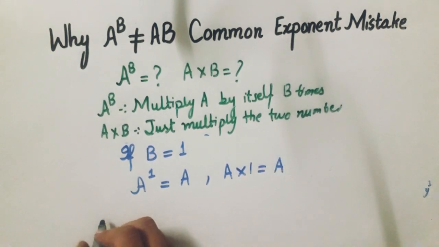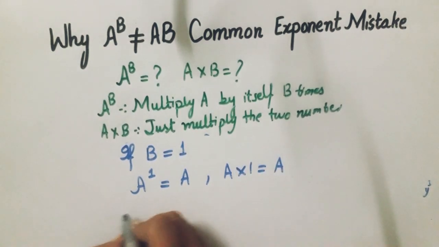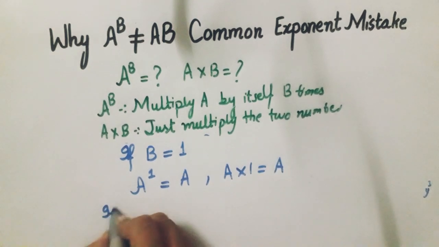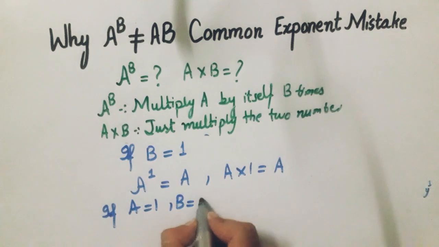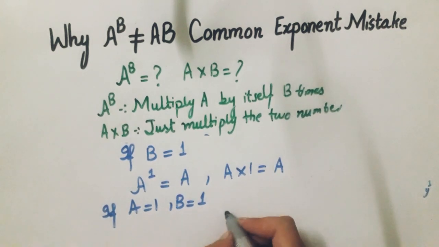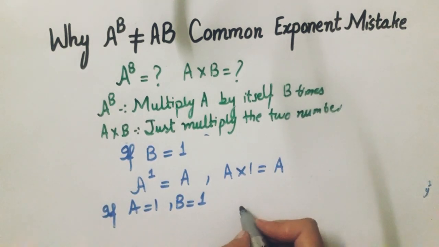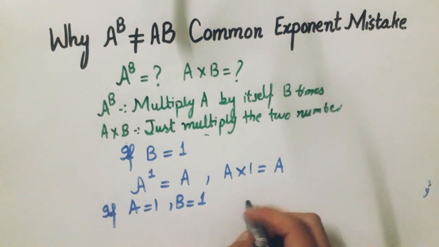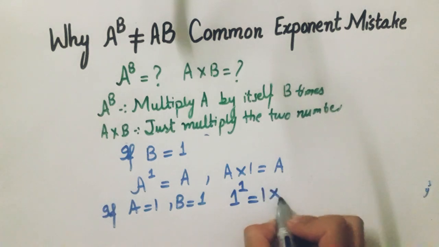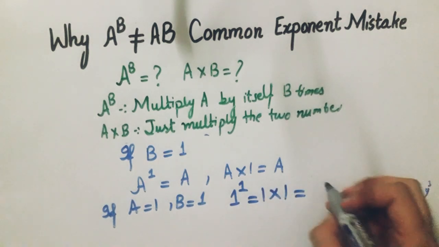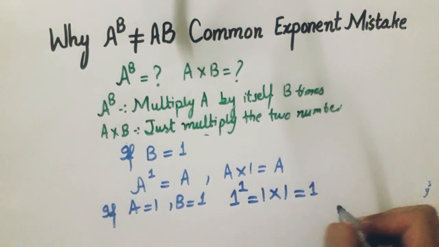Now another case, if a also equals 1 and b also equals 1. So this means that we have 1 power 1 equals 1 multiply 1. It means that both are equal.